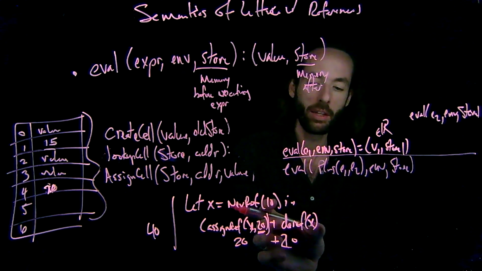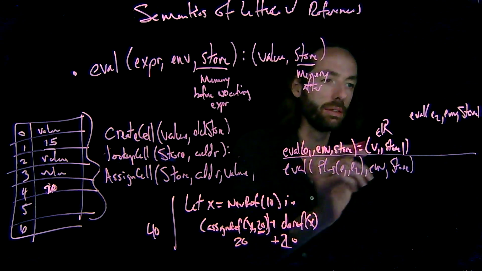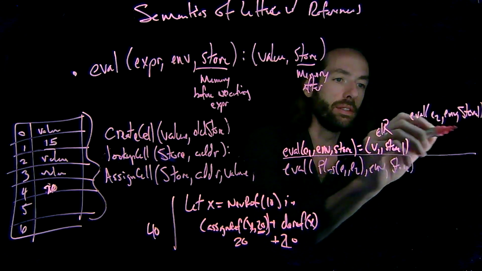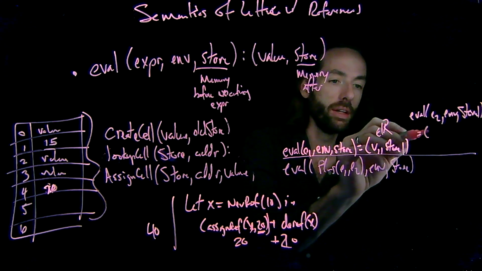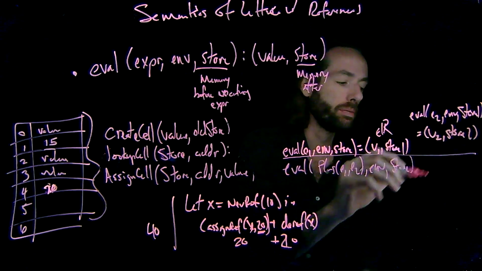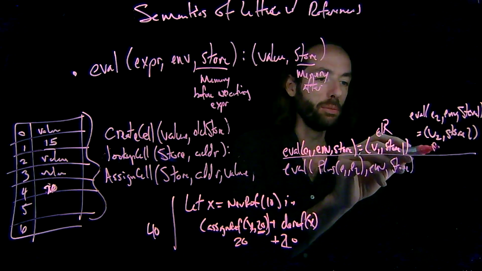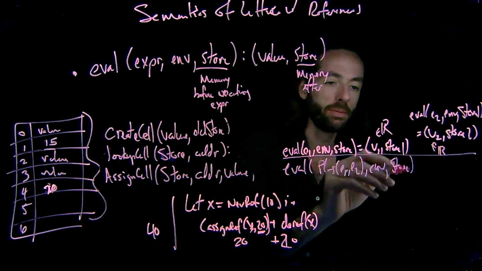And so when we evaluate E2, we need to make sure to evaluate under the store that this returned. So we're going to eval E2 under store 1, and that's going to give us V2 and store 2. And this should be a real number if we're not going to have an error case.